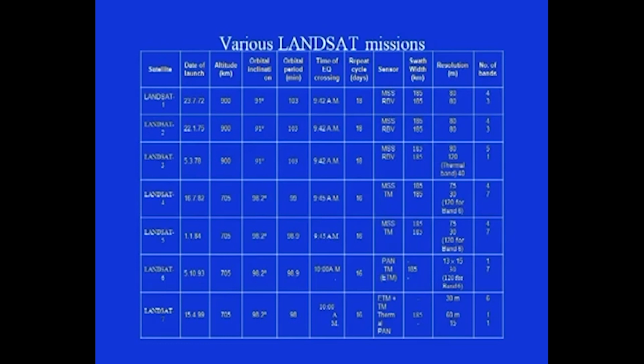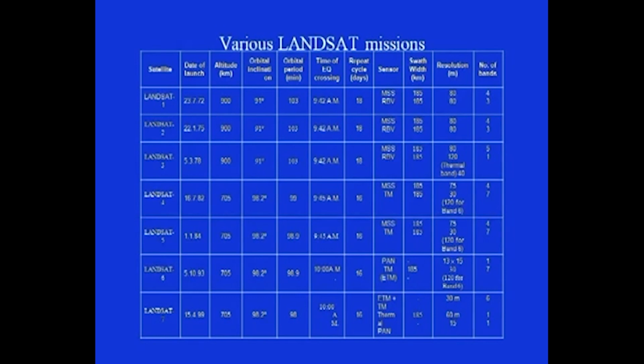This particular table gives us the details of the various Landsat missions in terms of the date of launch, the altitude, that is the height above the Earth's surface where it is revolving, and its orbital inclination, that is, with respect to the equatorial plane measured anti-clockwise, the orbital plane inclinations are defined.